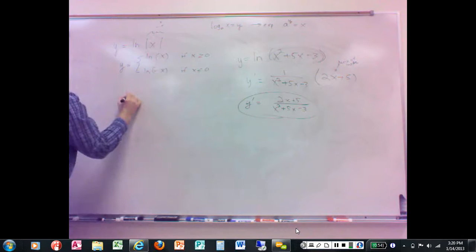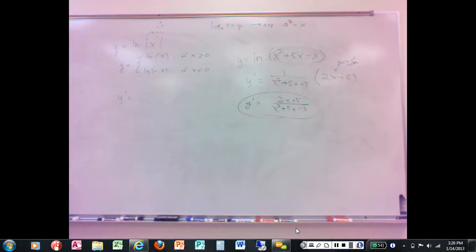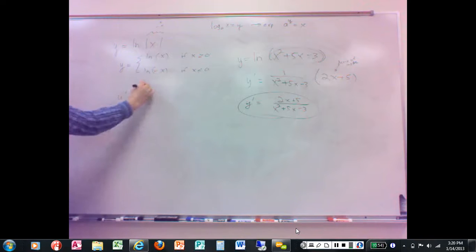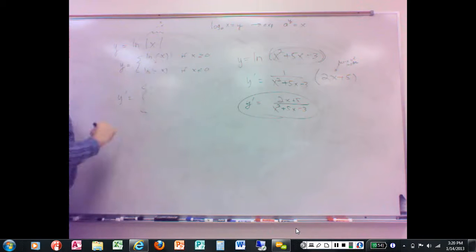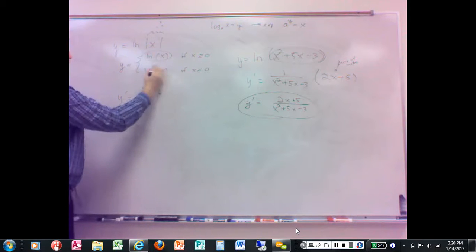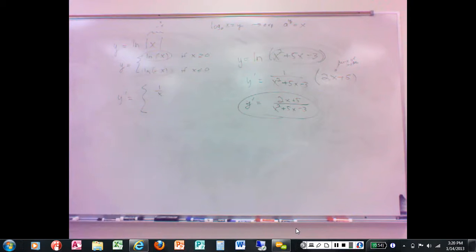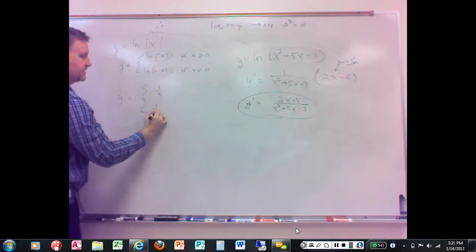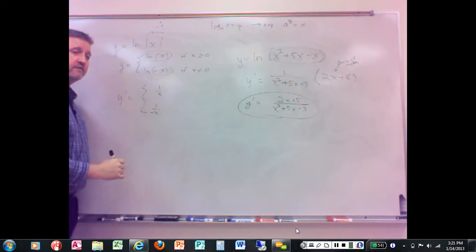Because here's the thing. Either way we go, look at the derivative. What's the derivative of ln of x? 1 over x. What's the derivative of ln of minus x? Well, it'd be 1 over minus x, but I have to multiply by something else, don't I?